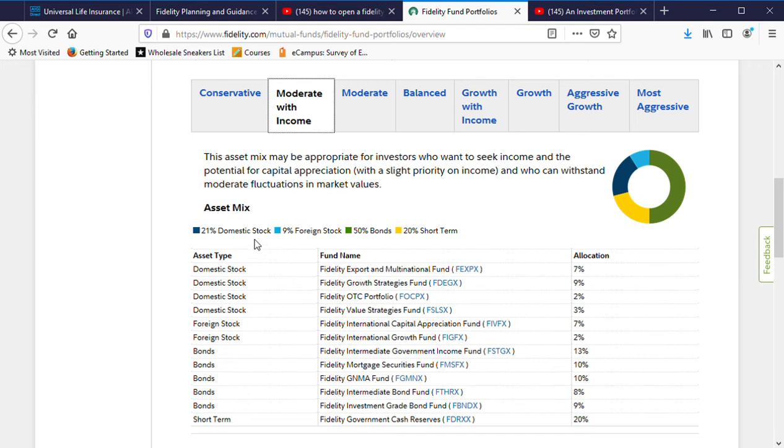The asset mix is 21% domestic stock, 9% foreign stock, 50% bonds, and then 20% short term. And it gives you examples in stocks of what to do. So it tells you 7% here, 9% here, and it tells you which stocks to choose. So guys, this is you. This is all you need right here to get started for beginners.